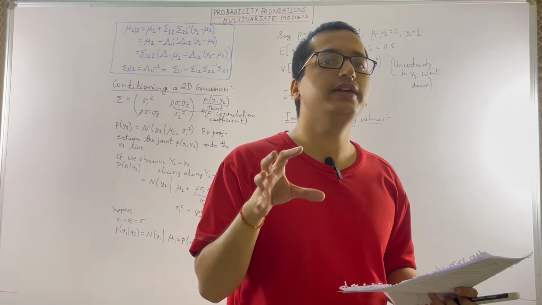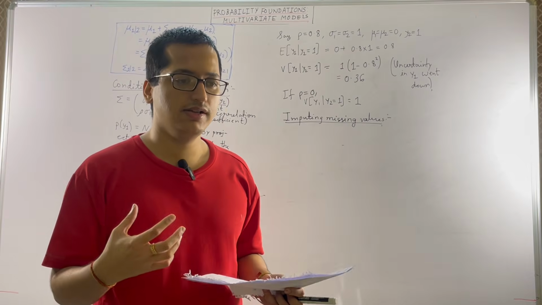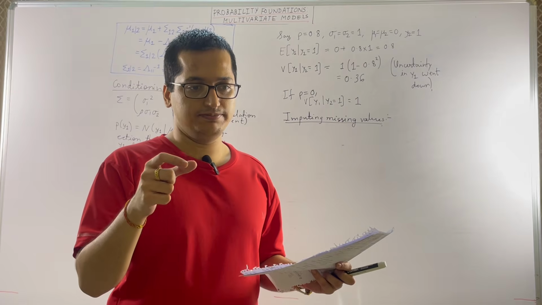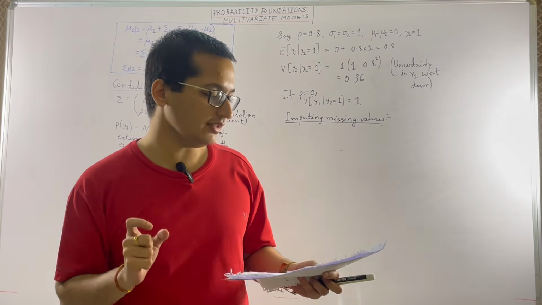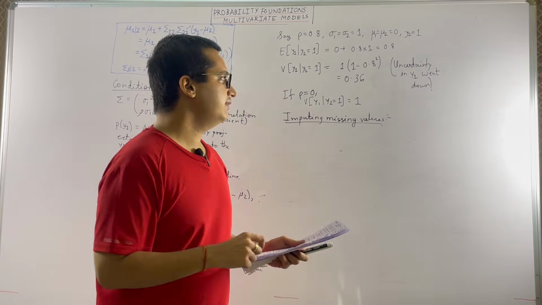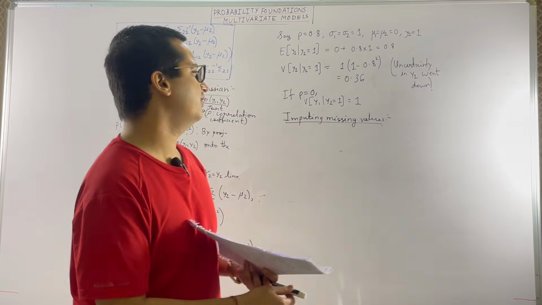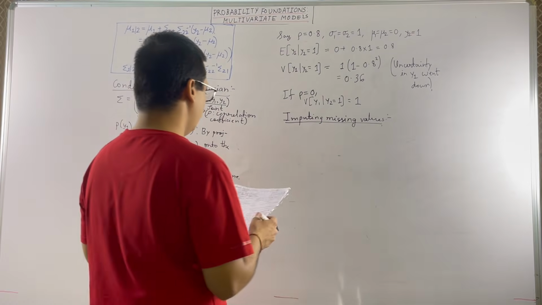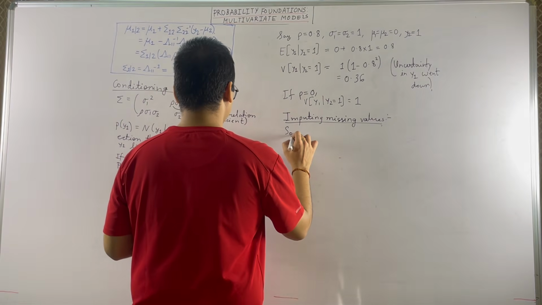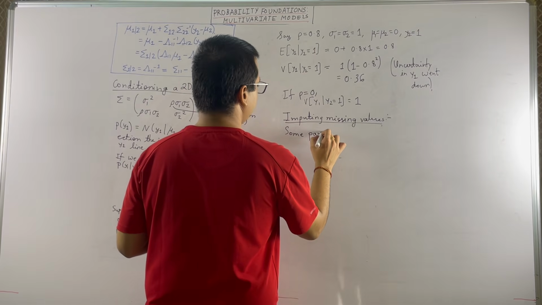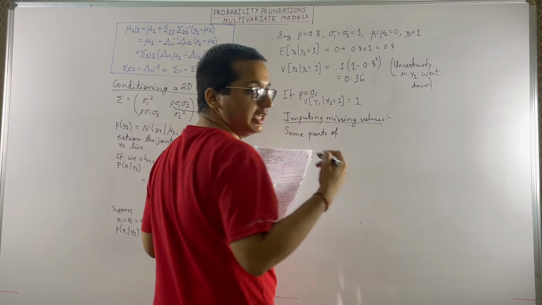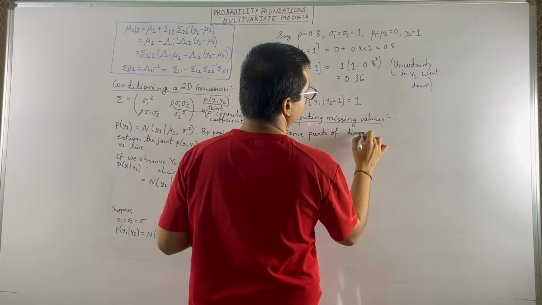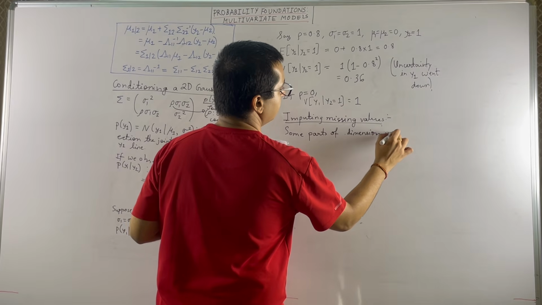Using the covariance matrix or the correlation, we can get an idea of what the hidden values are. There is a process, and we study more about it when we study decision theory, but I'll just give a brief idea about how we do it. Some parts of my observation, some parts of dimension y, may be missing.